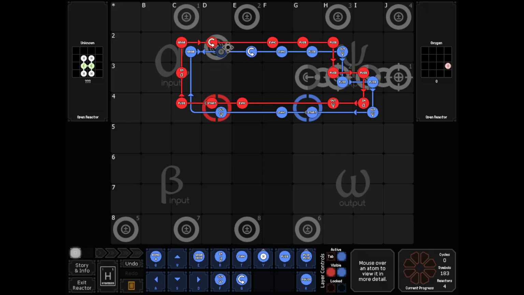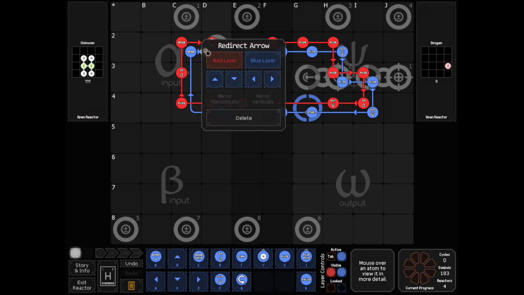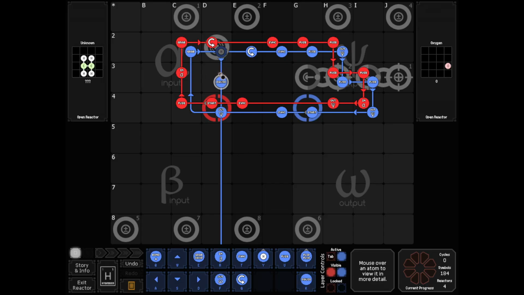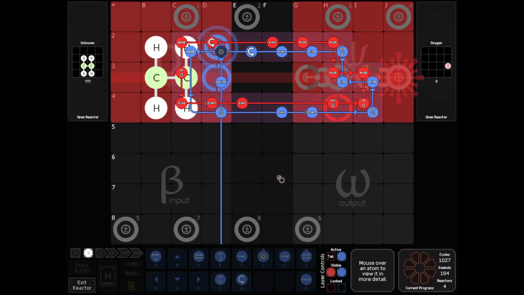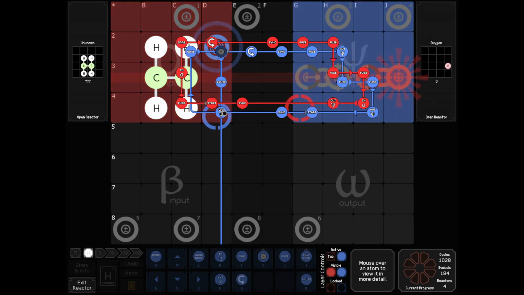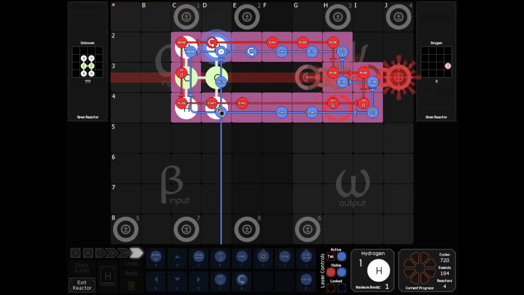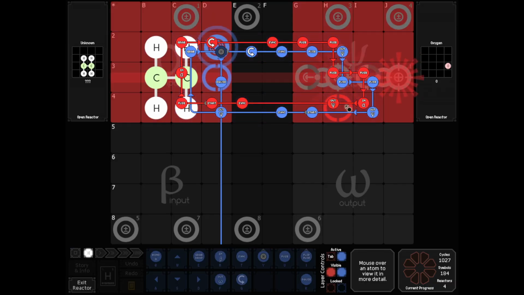What did I want to change? This one. So already after 1027 cycles, we reach this case, and red has just moved once.